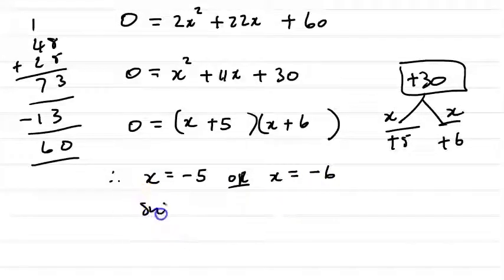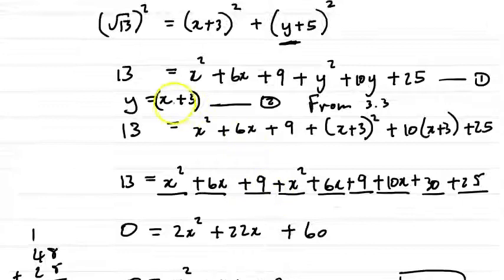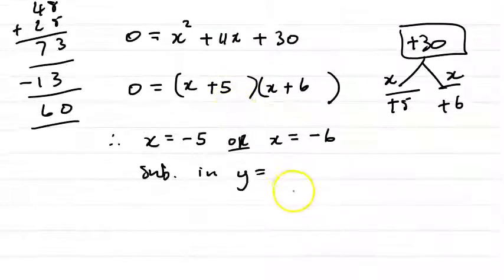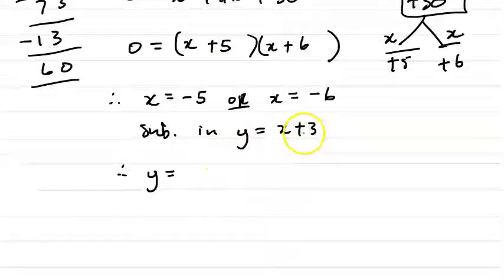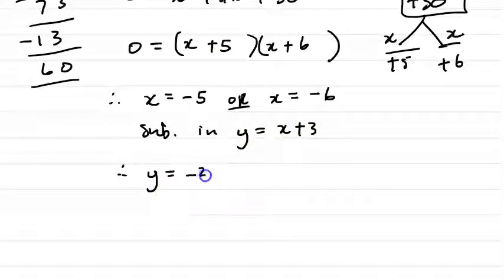We're going to now substitute into y equals x plus 3, which is our equation 2, to find the y values. So that'll be minus 5 plus 3 is minus 2, or y equals minus 6 plus 3, which is minus 3.